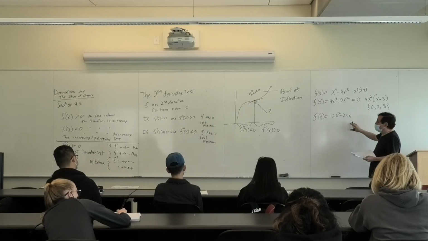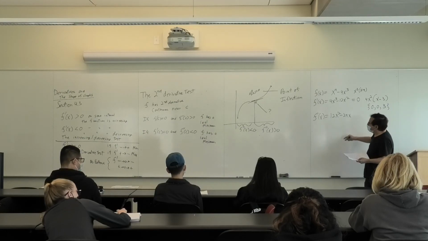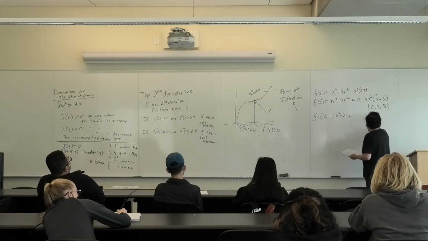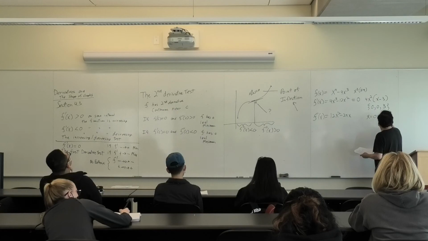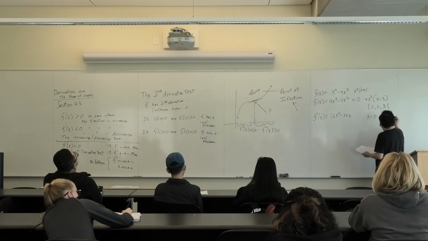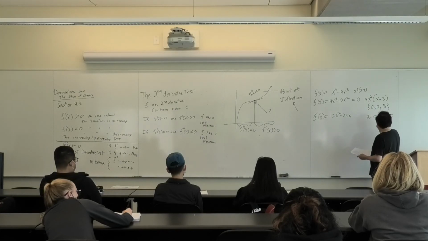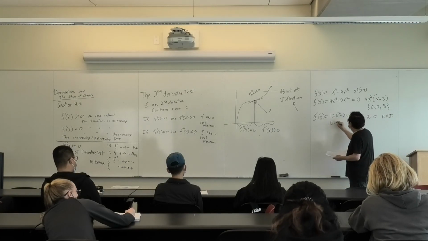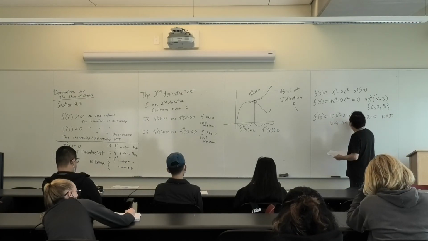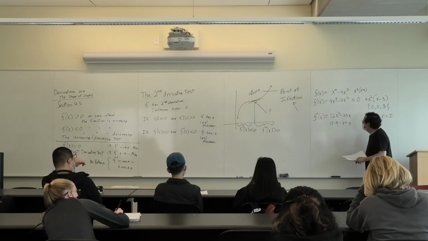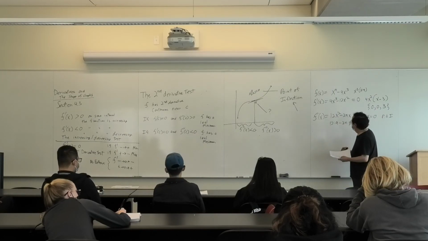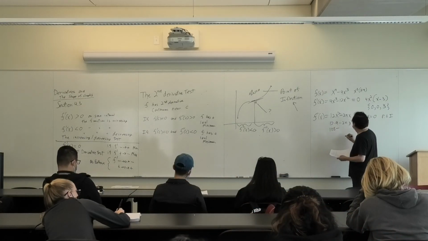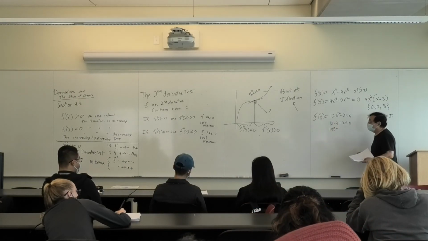So that doesn't tell me right away what happens here. It tells me it's a point of inflection. So x equals 0 is a point of inflection. At 3, well, 12 times 9 minus 24 times 3. What's that going to be? 108 minus some number smaller than 108. It's going to be positive.